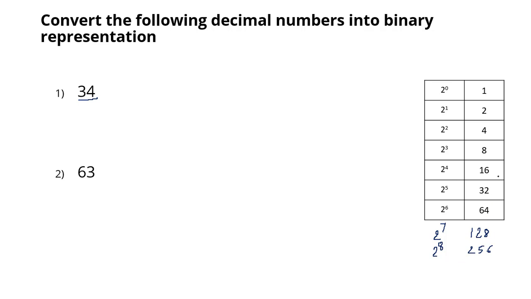You can see here. Now, what I want to do is write 34 in binary. Please understand, in order to write 34 in binary, you can see in this table that the nearest number I'm getting is 32. And what is the power? 2 raised to 5.